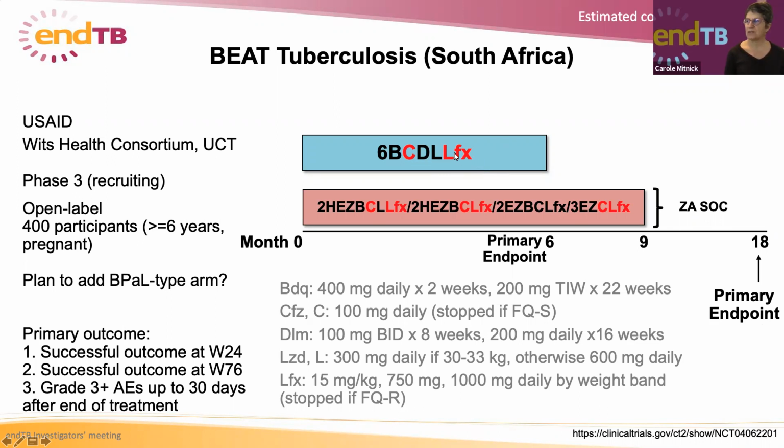And that is the reason that the levo and clofazimine are both noted in red. For patients who have levofloxacin resistant TB or quinolone resistant TB, the levo will be discontinued and the clofazimine will be retained, and vice versa for those who have quinolone susceptible TB. And the same practice occurs in the standard of care.